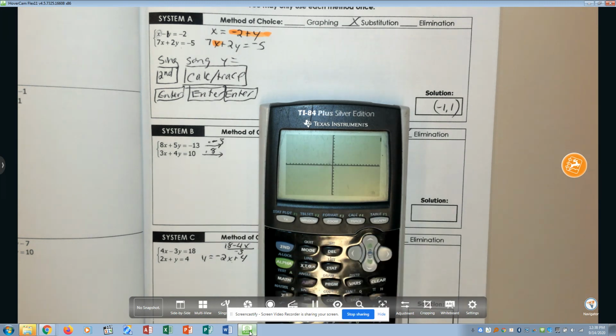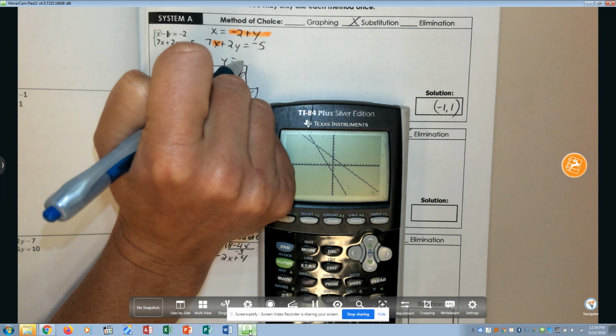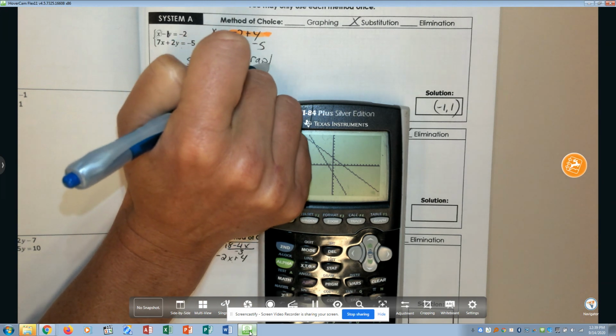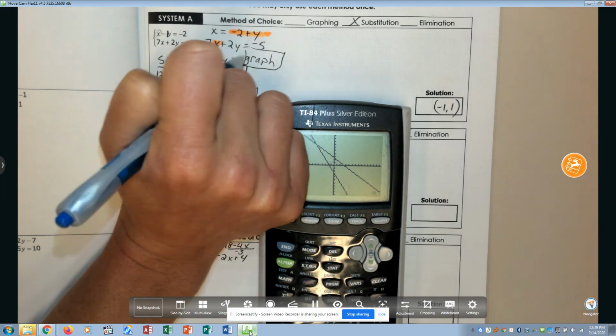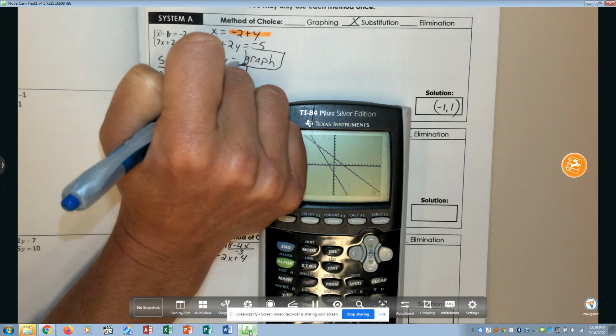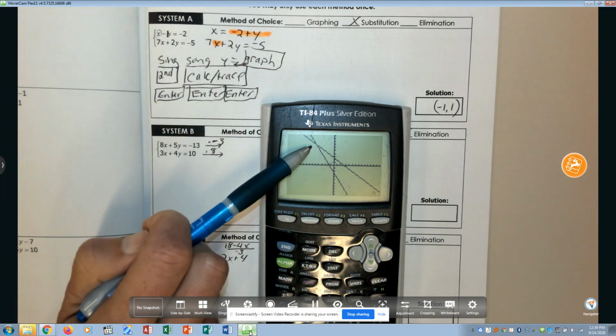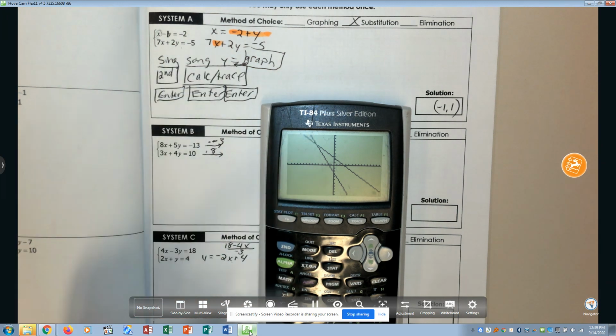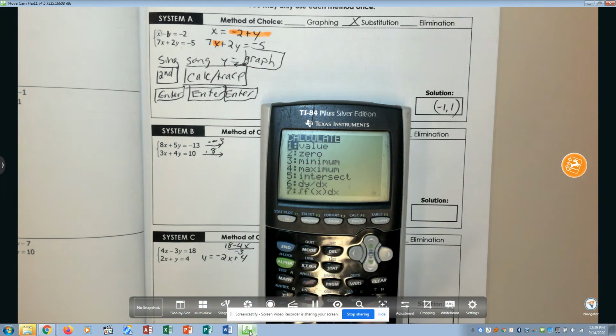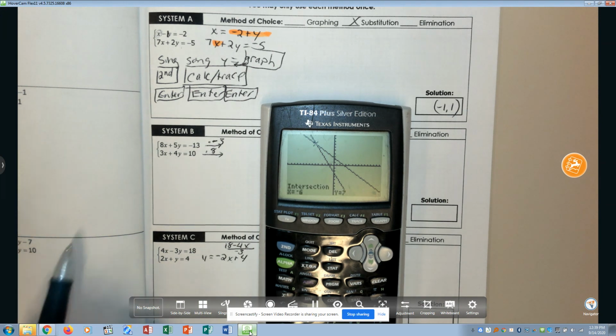So you have to see, hit graph. I did not put this in our list up here, so you have to hit graph. Okay, so there it is, right there. So I can use second calc, go down to intersect, and then hit enter 3 times. Enter, enter, enter. -6, 7.